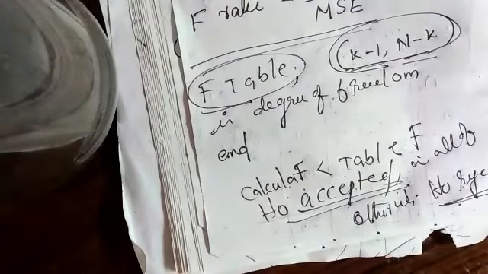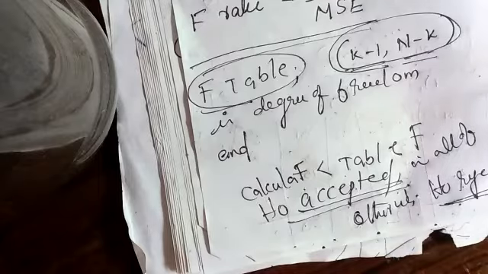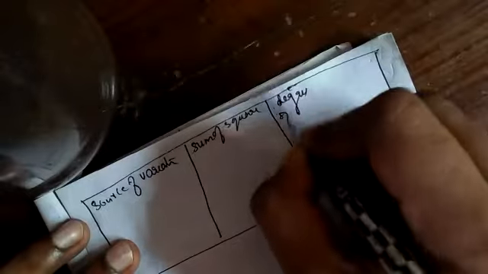Okay. This is the procedure of one-way classification of data, or one-way ANOVA, one-way analysis of variance. The one-way ANOVA table has source of variation, sum of squares, degrees of freedom, and mean square.